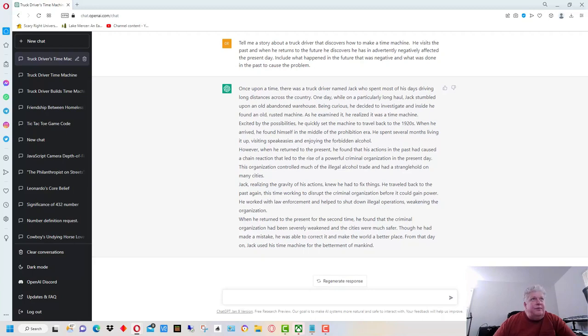However, when he returned to the present, he found that his actions in the past caused a chain reaction that led to the rise of a powerful criminal organization in the present day. This organization controlled much of the illegal alcohol trade and had a stranglehold on many cities. Jack, realizing the gravity of his actions, knew he had to fix things.